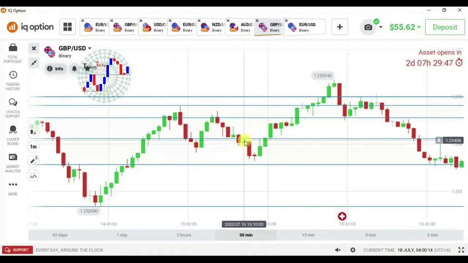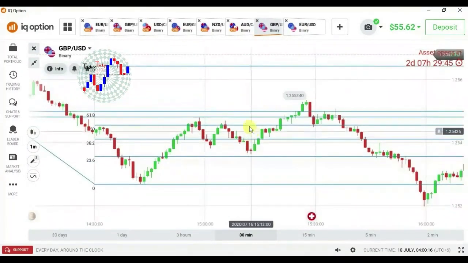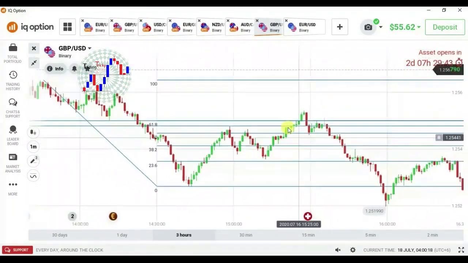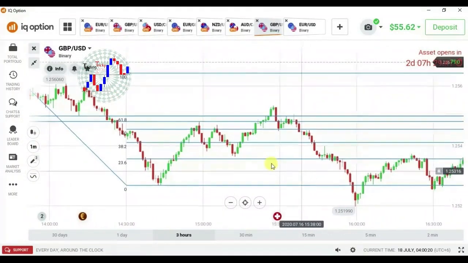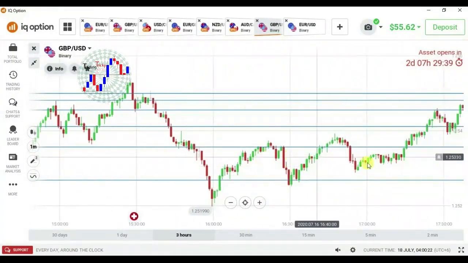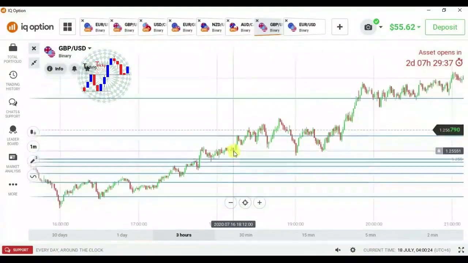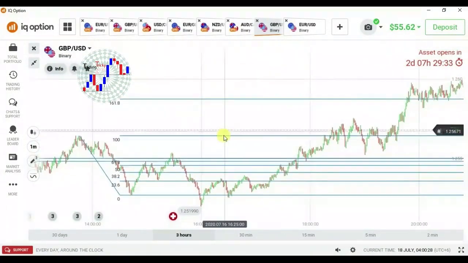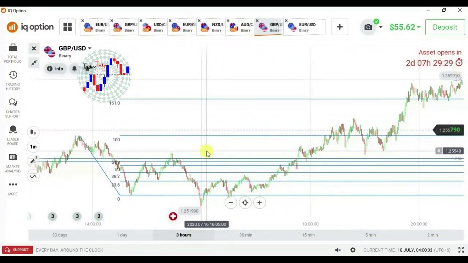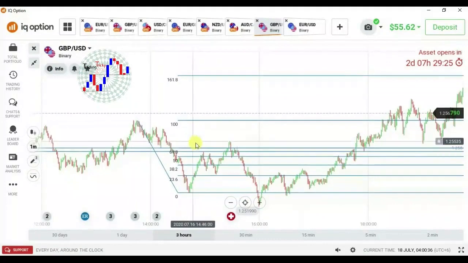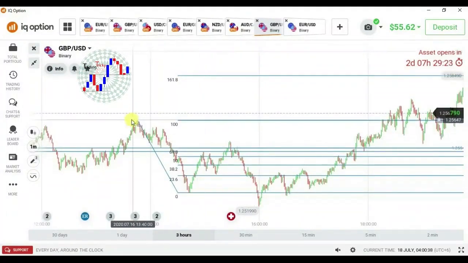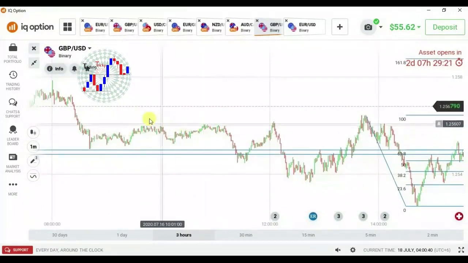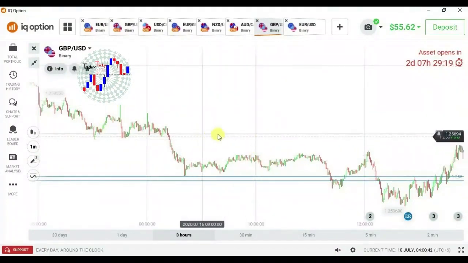This is a retrace, but it's not considerable because it's not working well. So you need to check the recent market. If this is working on the recent market, then you can follow it correctly. I mean, if you want to trade using Fibonacci tools, you need to check some levels from here on the left side.